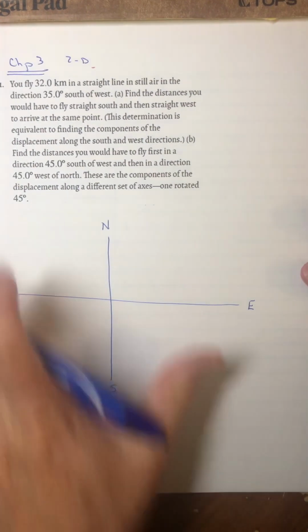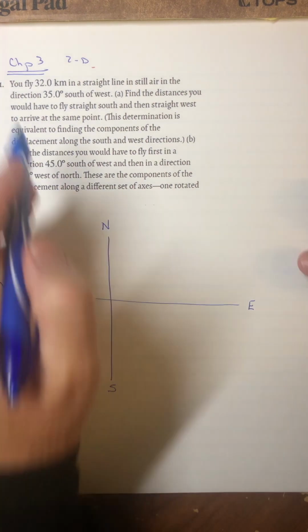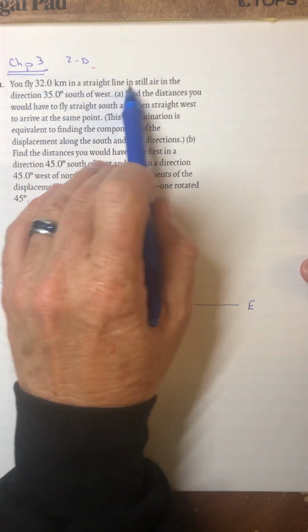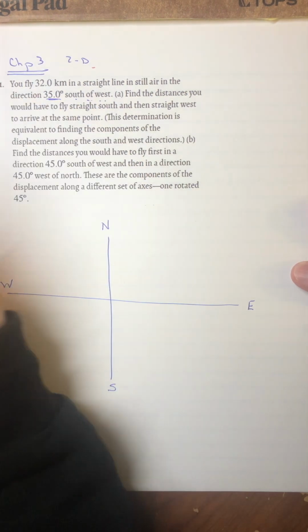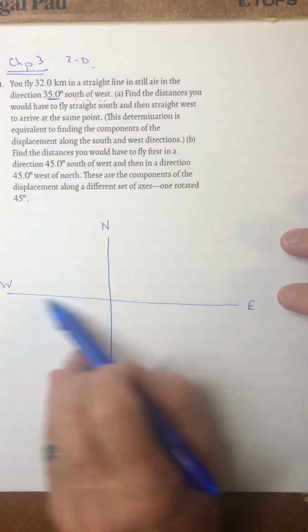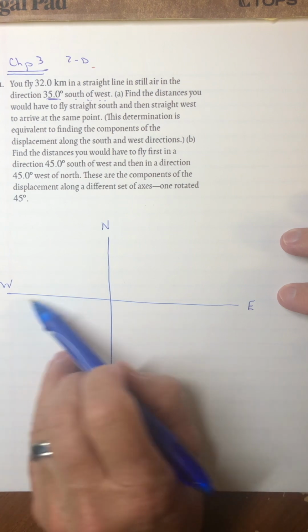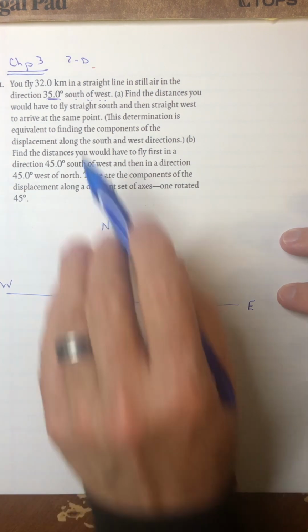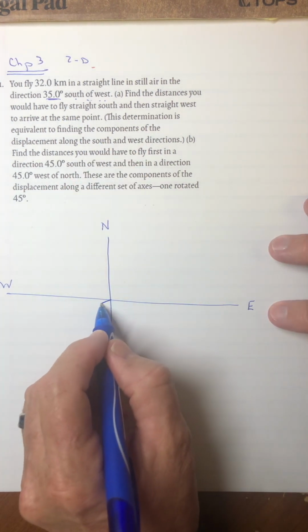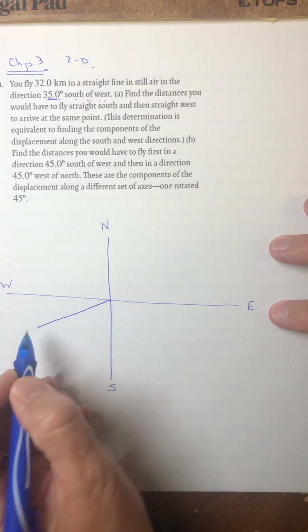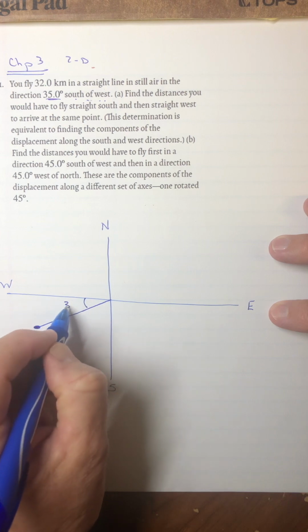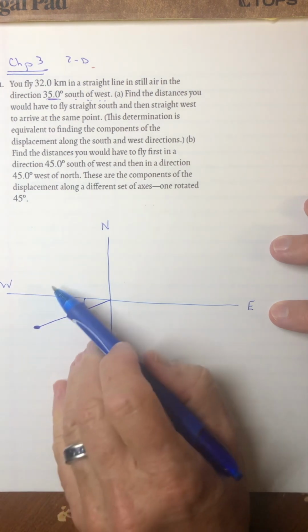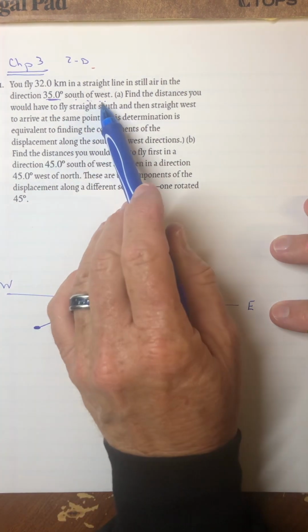Okay, so here's my compass rose, and we're going to go 32 kilometers in a straight line, and this is a key one, 35 degrees south of west. West is over here to the left, and 35 degrees south of west means you move something like this, and so this would be 35 degrees. So 35 degrees south of due west.